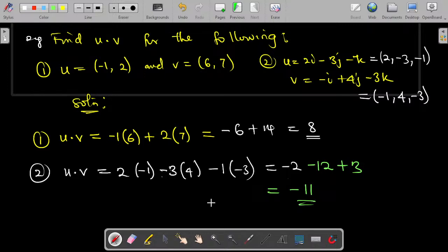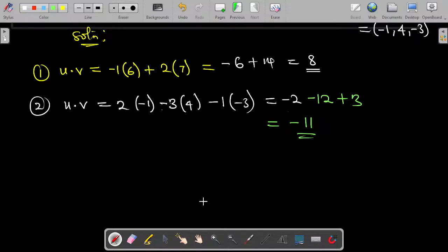All right, so let me give another example, and I am sure everybody will get this one. Okay, look at this one. Example 3. You are to take the dot product of this u.